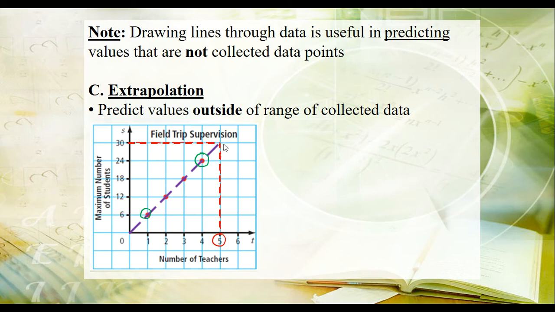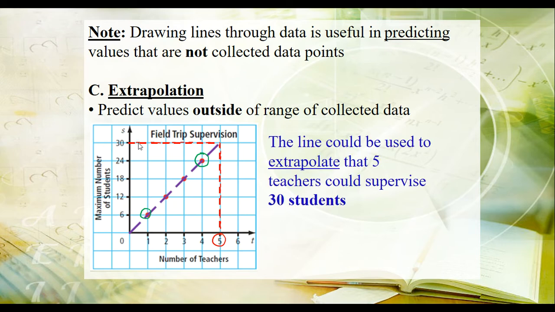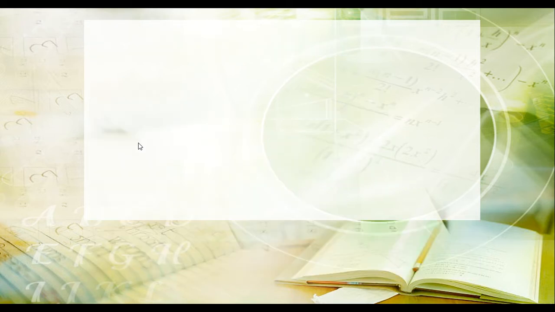An extrapolation is a predicted value that falls outside of the range of our plotted data. My biggest value for plotted data is this point, so because we went outside of that to make a prediction, we call that extrapolation. In this case, the line can be used to extrapolate that 5 teachers could supervise 30 students.